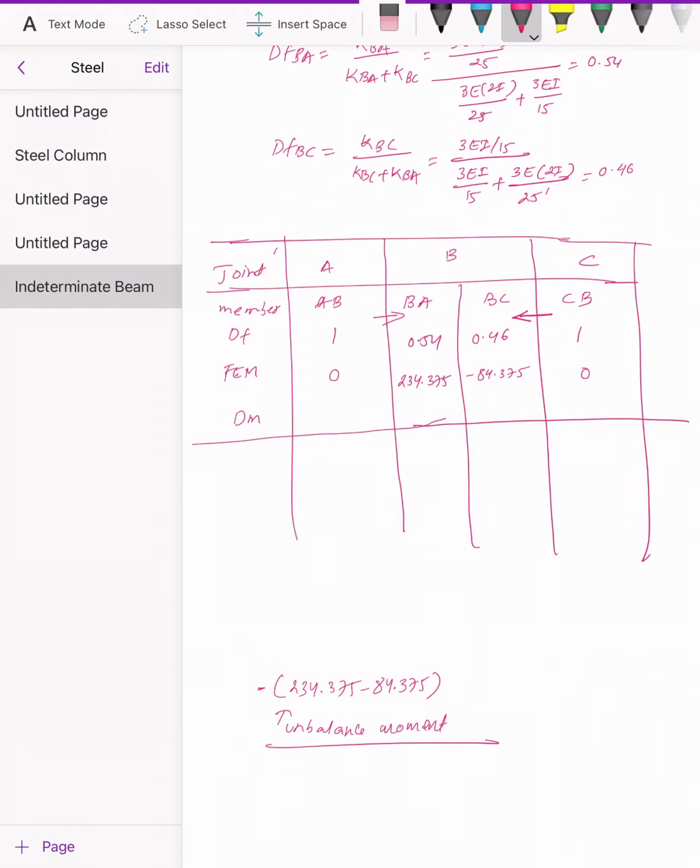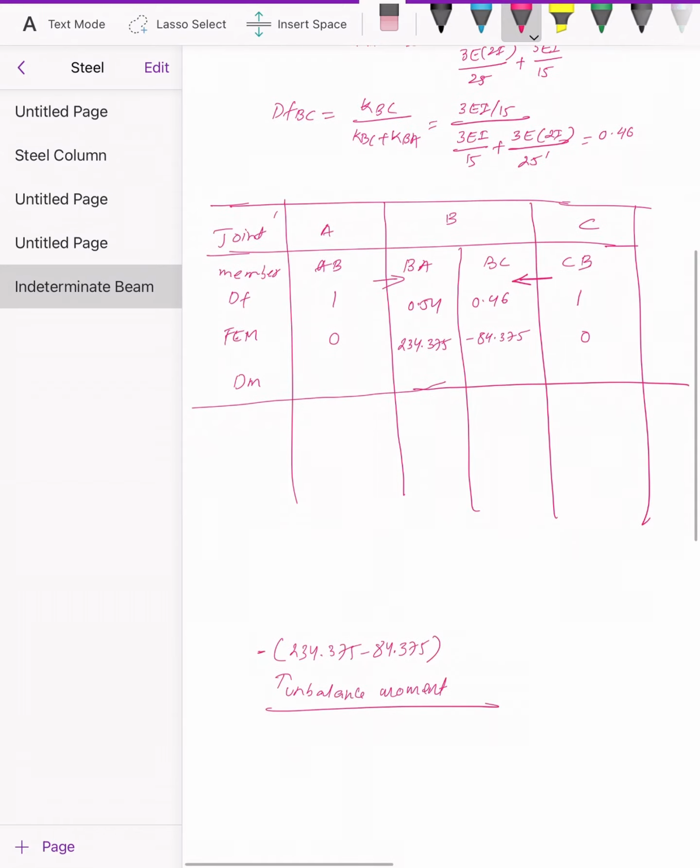We have to distribute this unbalanced moment based on the distribution factor. Let me take minus 234.375 minus 84.375. This is going to be about minus 150, and we will distribute this with 0.54 and 0.46.